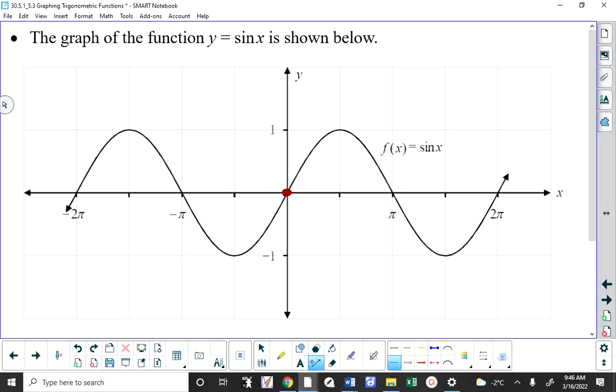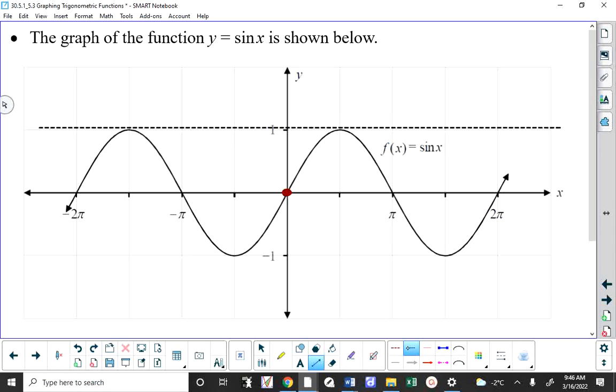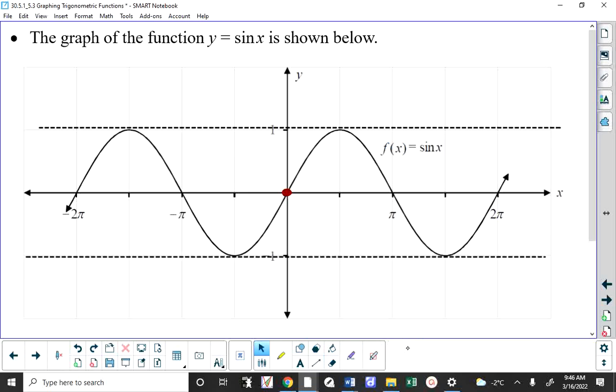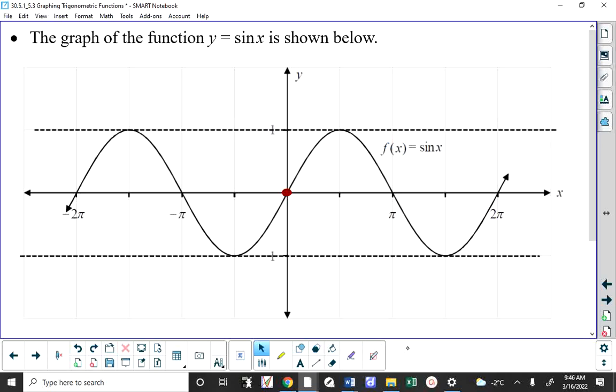And we can add a few details to this. These things that I'm adding are not part of the graph. They're part of you understanding the features of the graph. There is a maximum value that this graph has, and there is a minimum value that this graph has. And these two dotted lines, again, are not part of the graph.